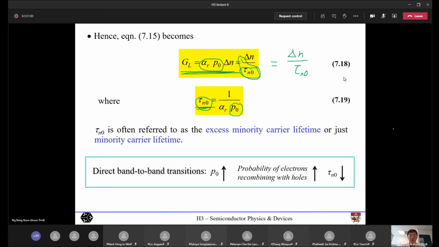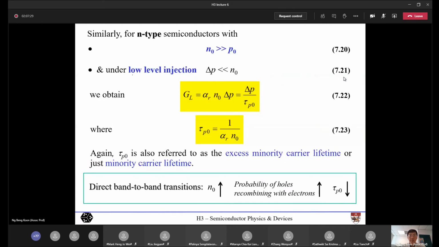This is not surprising, because the more majority carriers there are, the shorter the lifespan of the minority carrier, because the chance of them encountering a majority carrier is higher, and they'll tend to recombine earlier. So you expect an inverse relation between the excess minority carrier lifetime and the concentration of the majority carrier. That basically gives us this form.